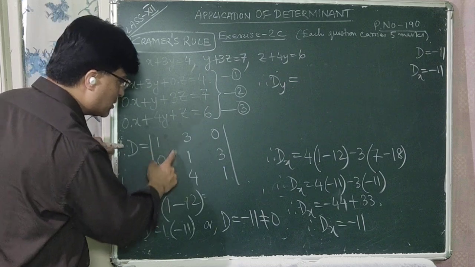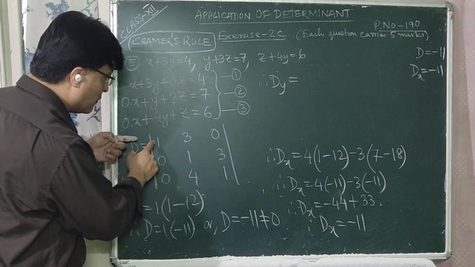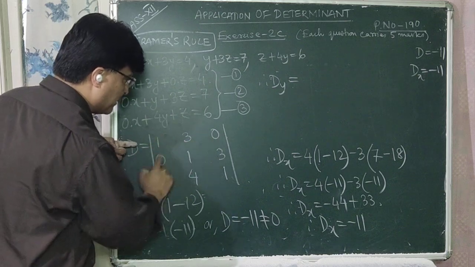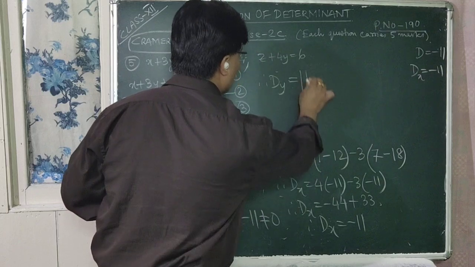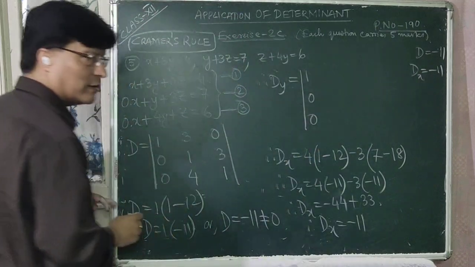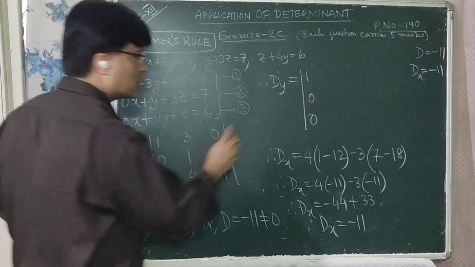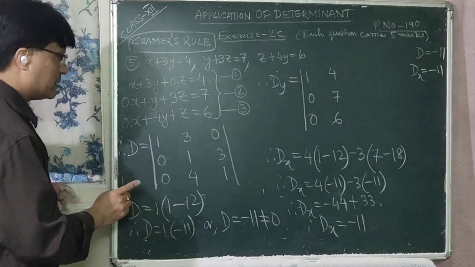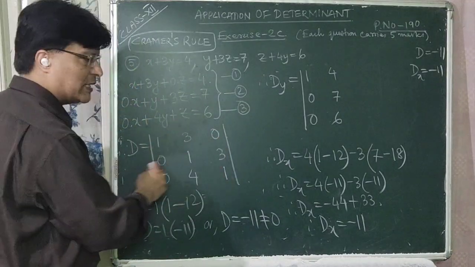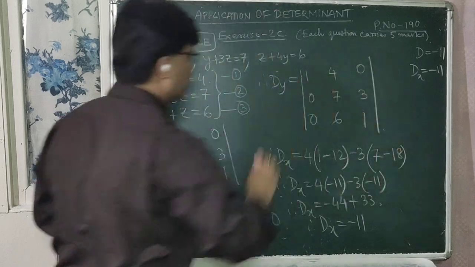Now these coefficients of y are replaced by the constants 4, 7 and 6, keeping the first column and third column the same, right? That means the first column is 1 0 0, right? Now the second column will be replaced by the constants 4 7 6, right? And the third column remains the same, that is 0 3 1, right?